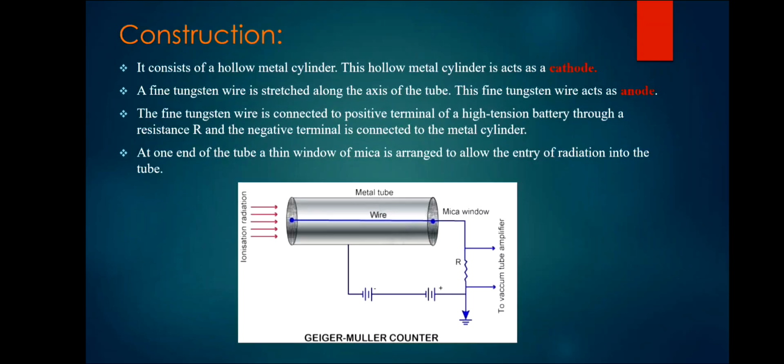The fine tungsten wire is connected to the positive terminal of the high tension battery through a resistance R, and the negative terminal is connected to the metal cylinder. At one end of the tube, a thin window of mica is arranged to allow the entry of radiation into the tube. Inside the metal tube, a noble gas is present, that is argon.